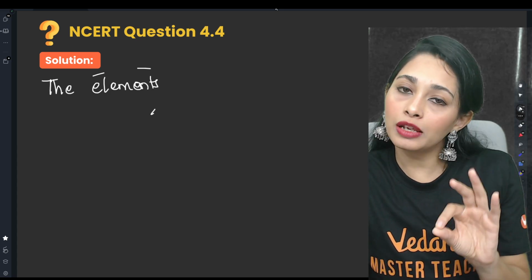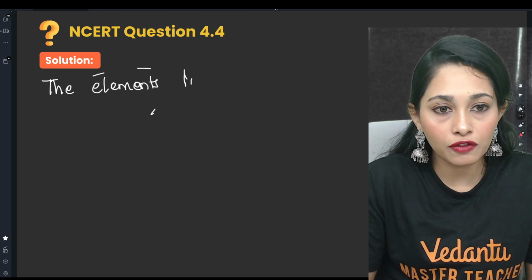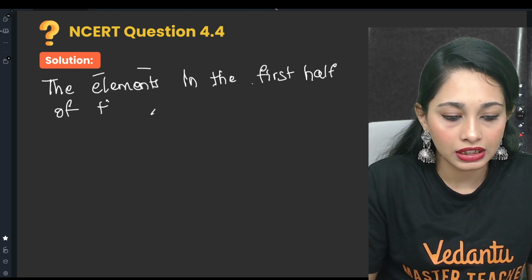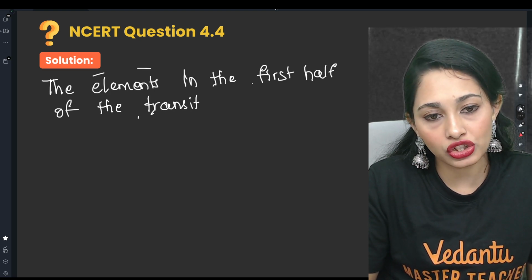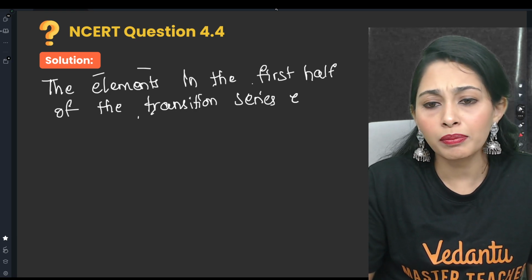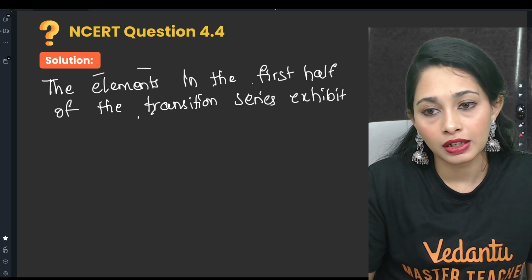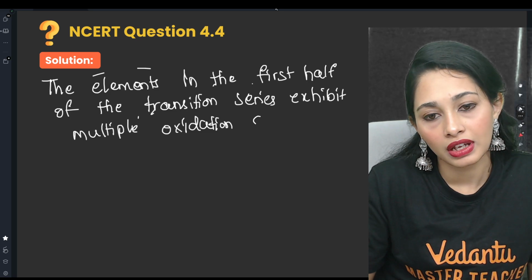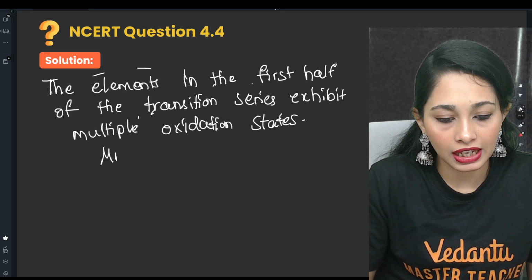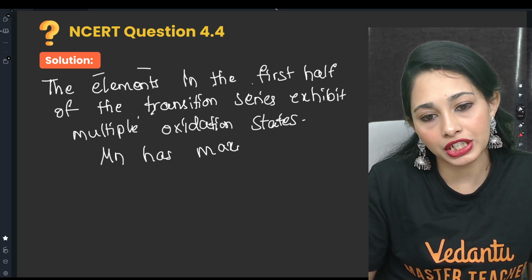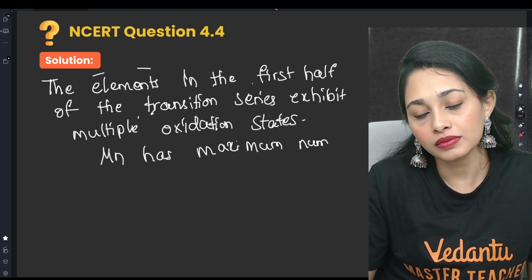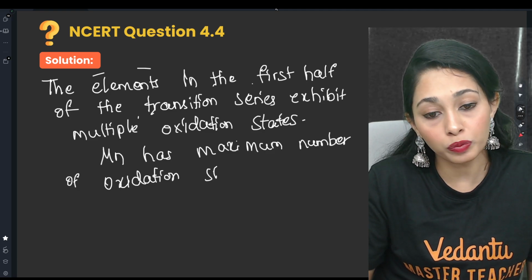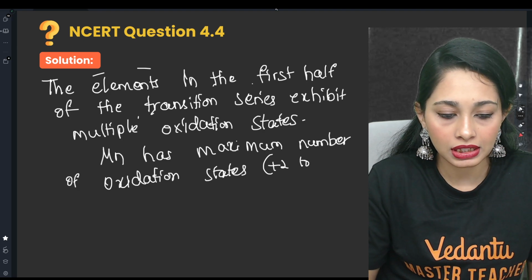The elements in the first half of the transition series exhibit multiple oxidation states, and manganese, Mn, has the maximum number of oxidation states, varying from +2 to +7.